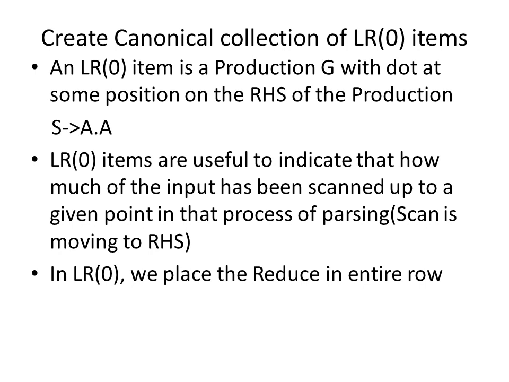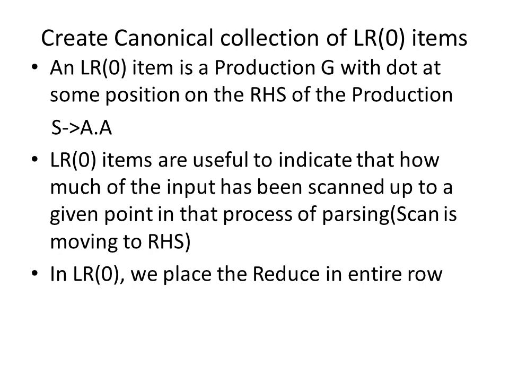Next step is to create canonical collection of LR0 items. An LR0 item is a production G with a dot at some position on the right hand side of the production. So we have seen one production S implies AA.